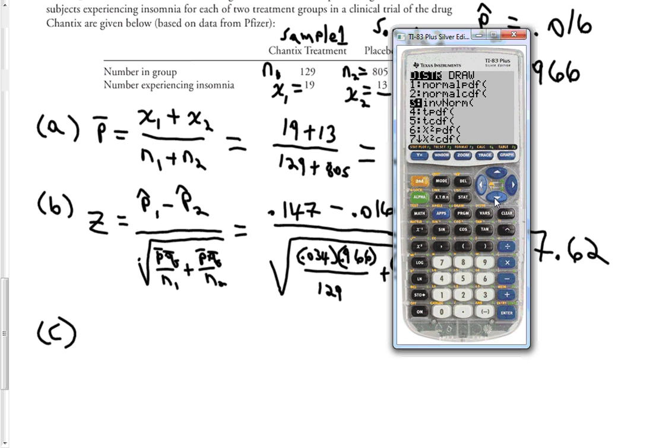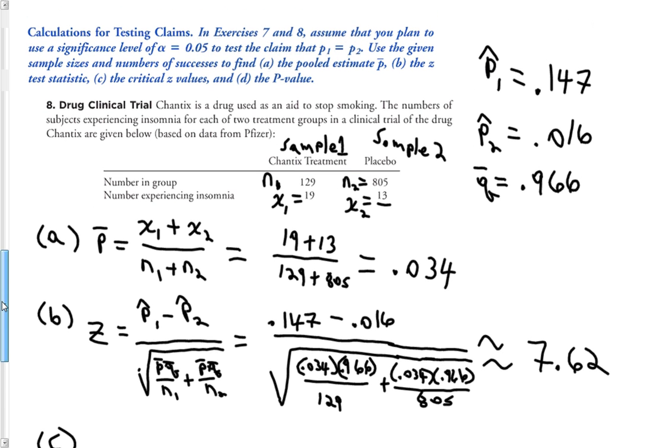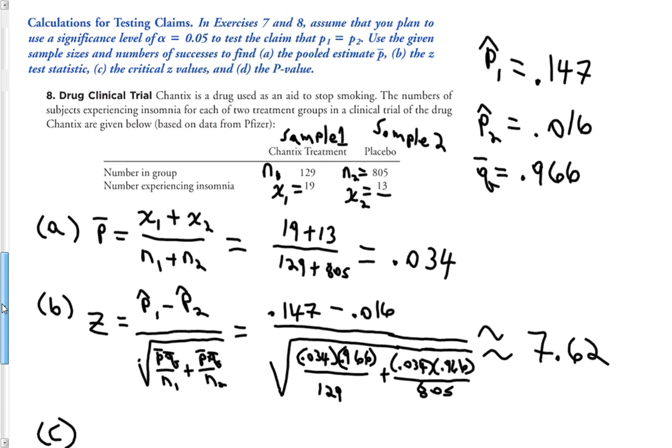The critical value is the inverse norm of 1 minus alpha over 2, since we're doing a two-tailed test, because the null hypothesis is that p1 is equal to p2, so the alternative is that p1 does not equal p2. We have our significance level of 0.05.